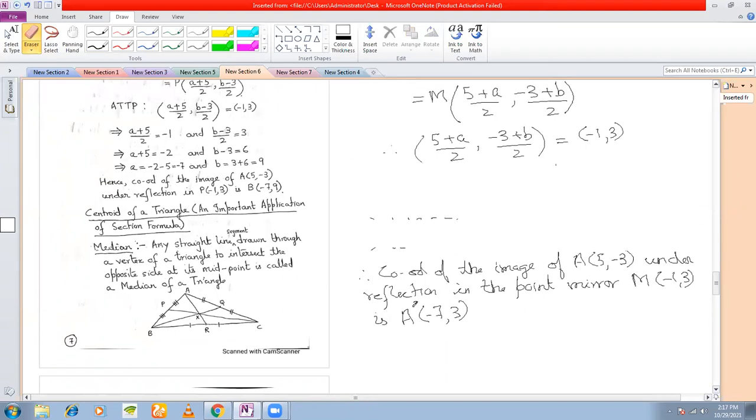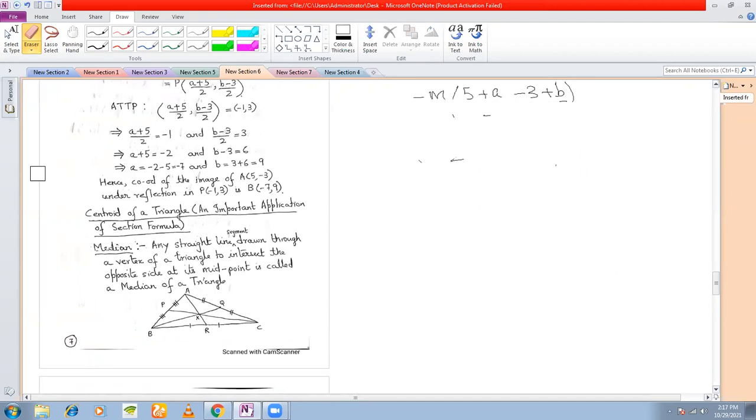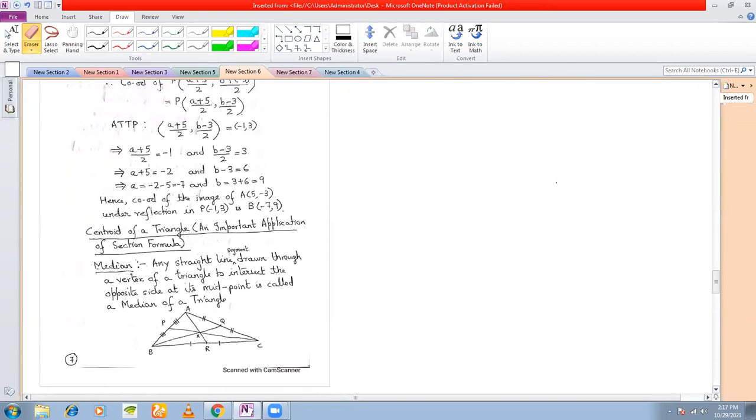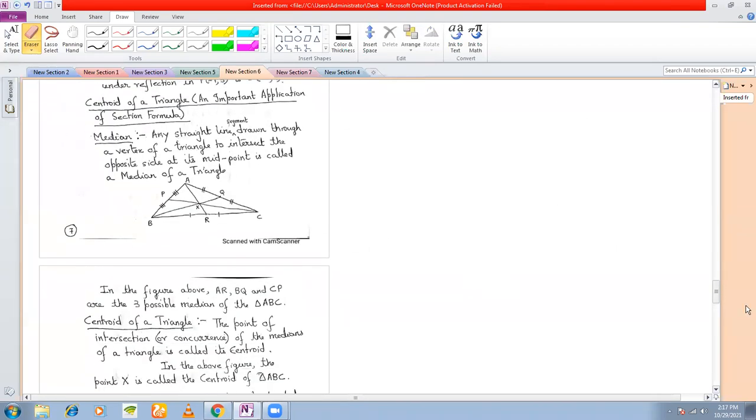Okay, now I'll give you an introduction to the centroid of a triangle. I have already mentioned this to you back in class 9 also. I'll just refresh your memory as far as the centroid is concerned. Now, what is the centroid of a triangle? First of all, we discuss the median of a triangle. What is the median?